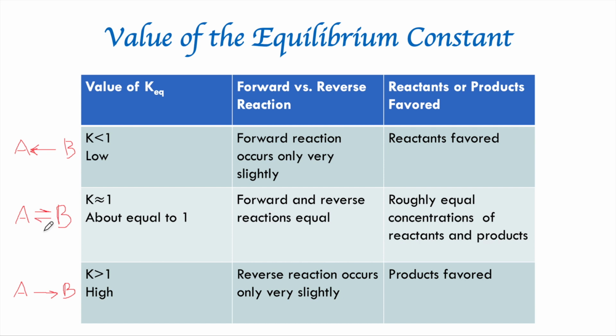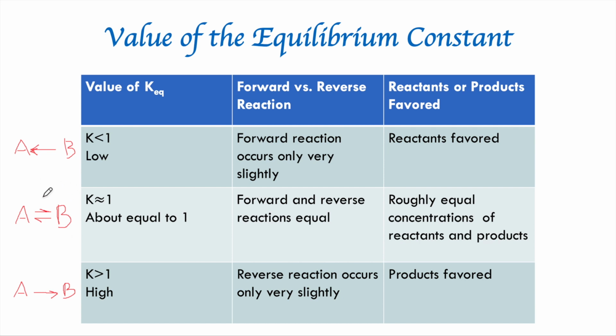If this is exactly 1, A can turn to B just as easily as B is able to turn into A. So if it's less than 1, the reactants are more favored. If it's greater than 1, the products are more favored. If it is 1 or close to 1, then both of these are of equal ability to change into the other.